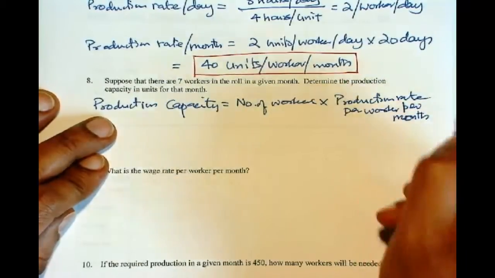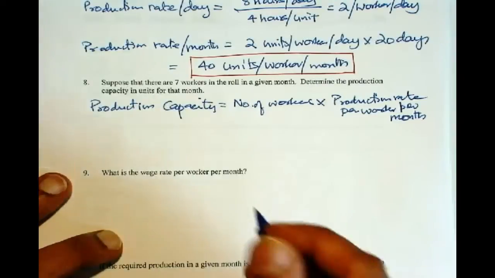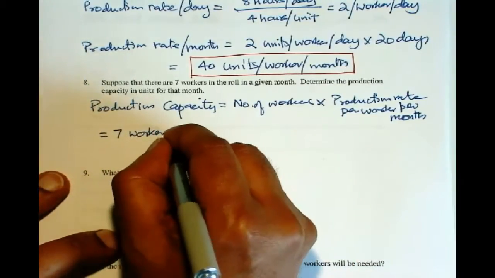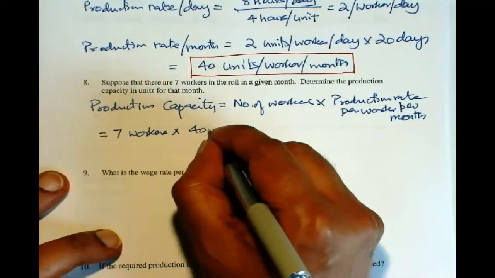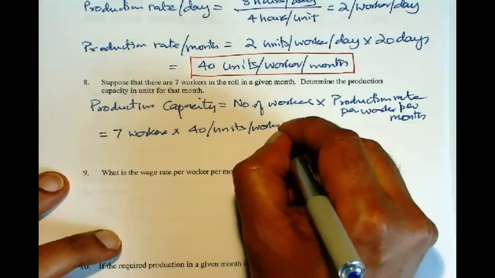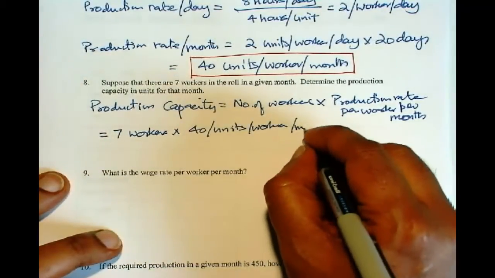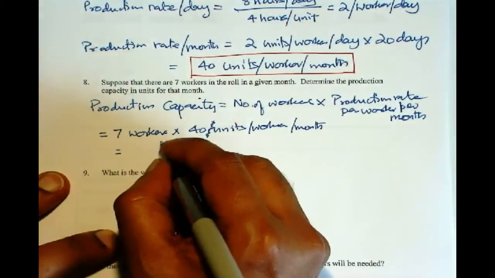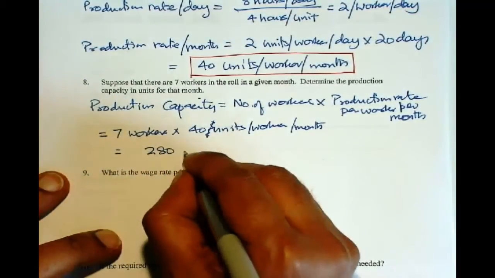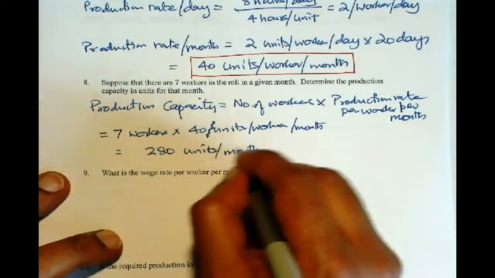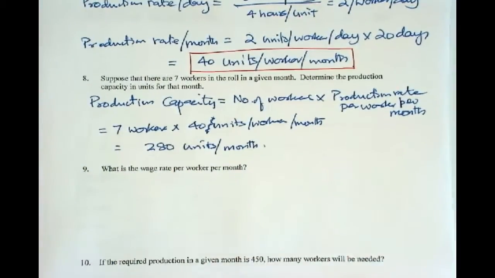Now we have all of that already. 7 workers times 40 units per worker per month. So that is 280 units per month. So if we have 7 workers, that will be our capacity.